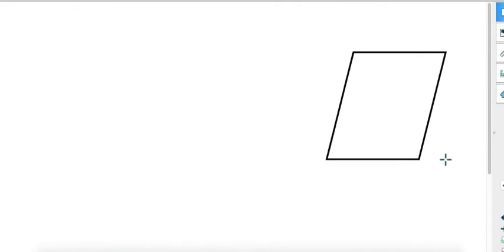So here's another parallelogram. I'll start labeling it. This is b plus 6, 5b minus 8.